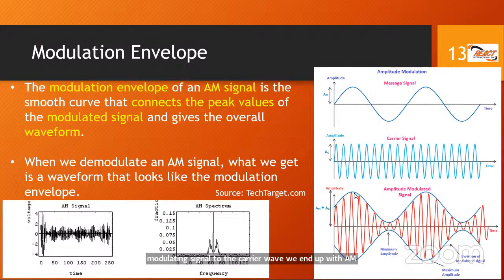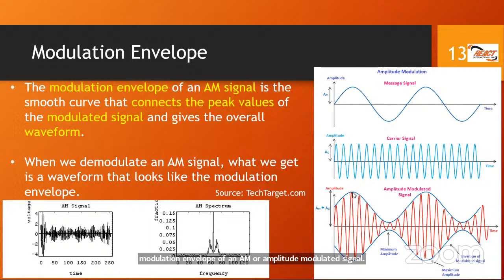But we need to be aware that this outer envelope that is traced when we trace all of the peaks of the signal, this is called the modulation envelope, right? So that's a definition we need to learn. The modulation envelope of an AM or amplitude modulated signal is the smooth curve that connects the peak values.